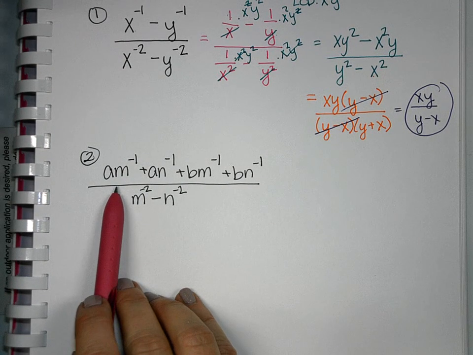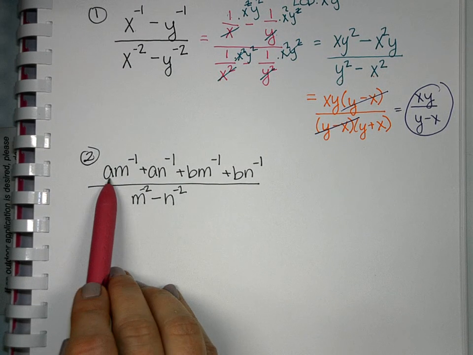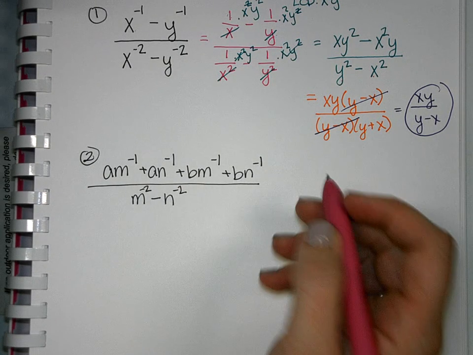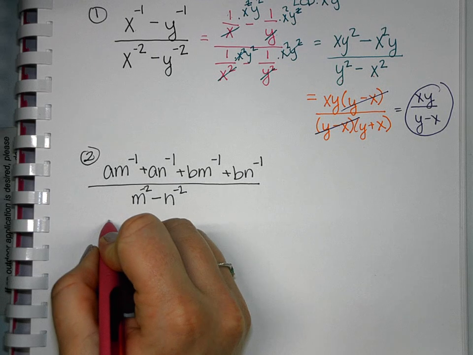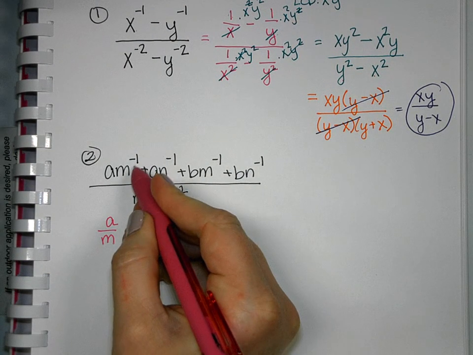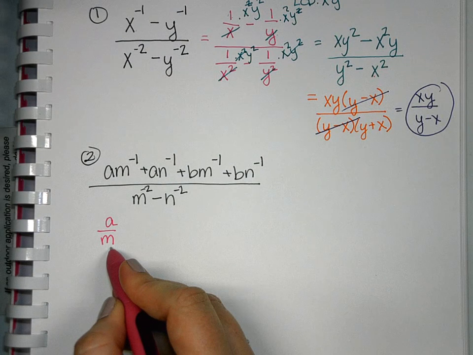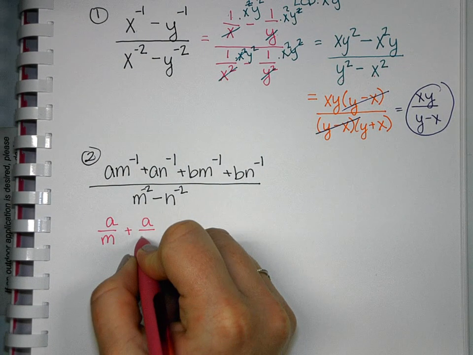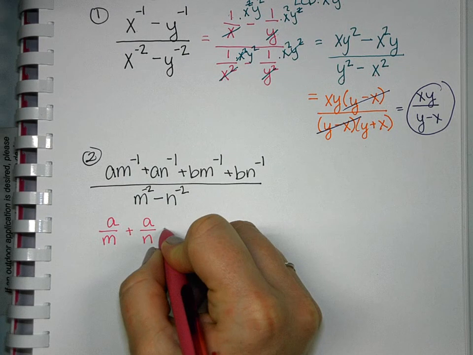So one of the things that I notice right away in this first term is I need to move my negative to the denominator. And remember, we only move what has the negative exponent. So only the m has the negative exponent, so only m moves to the denominator. Same thing with the second term, only the n will move.